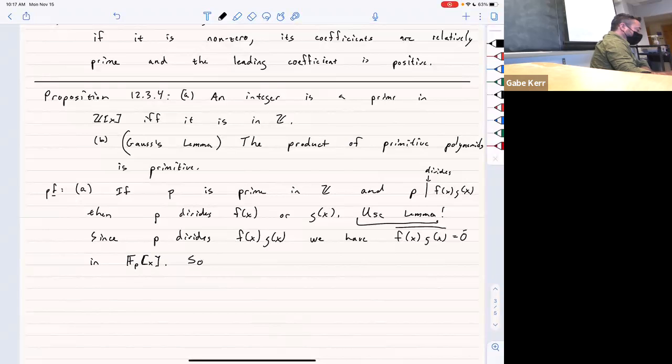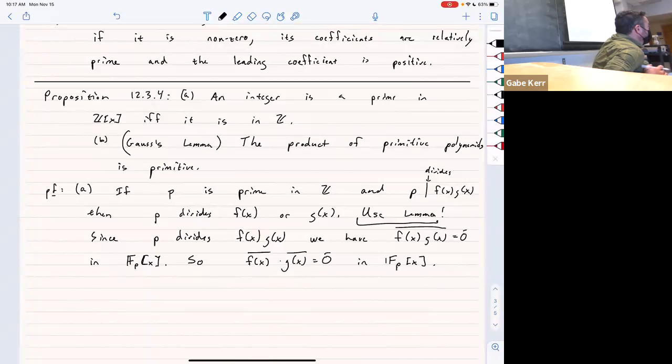So the homomorphism. F sub P is a field. Like two things, the product is 0.